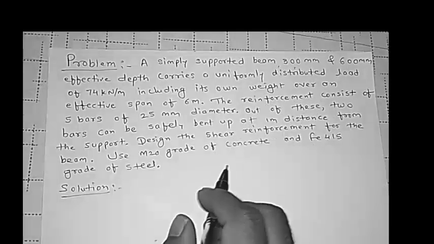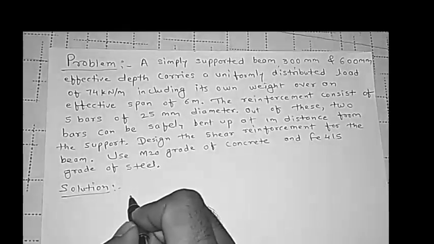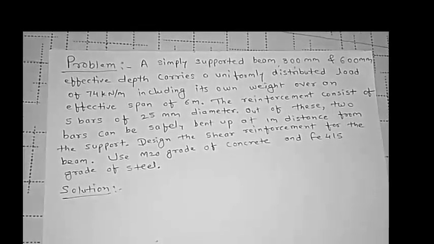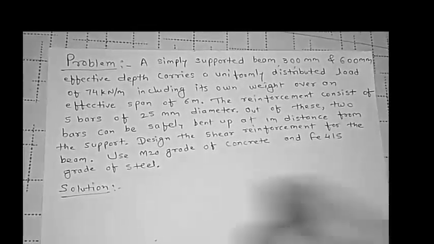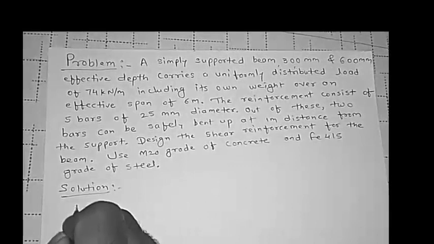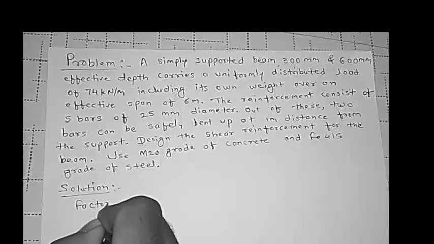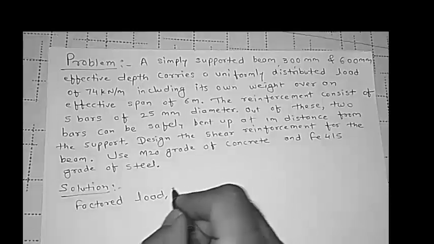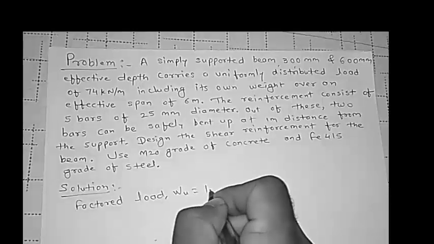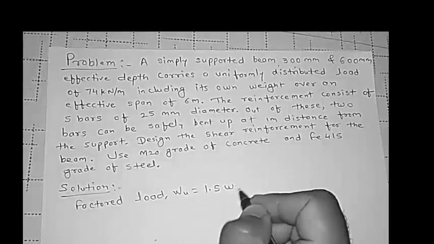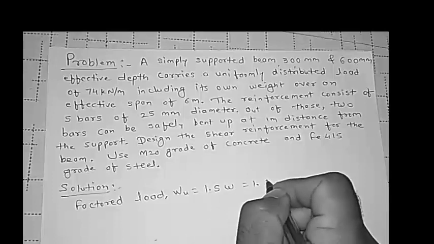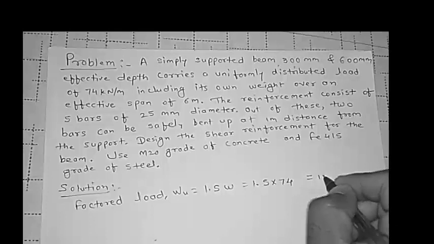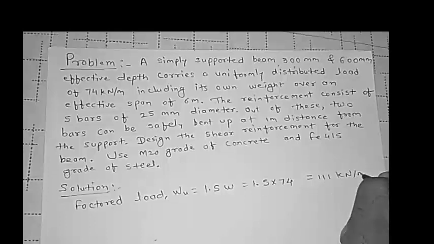First of all, we'll calculate the factored load. Factored load Wu is 1.5 times W, which equals 1.5 into 74. This is 111 kilonewton per meter.